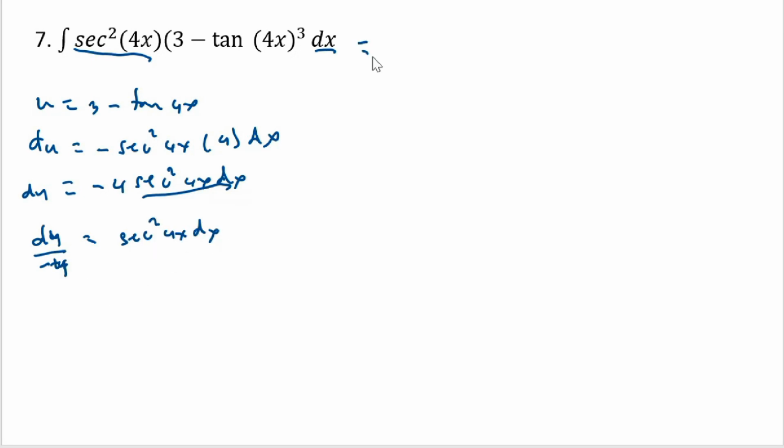So by rewriting now the given in terms of u and du only, we have the integral of u to the power of 3, and the meaning now of the underlined given there is times du over negative 4. So we have now negative 1/4 the integral of u to the third power du.